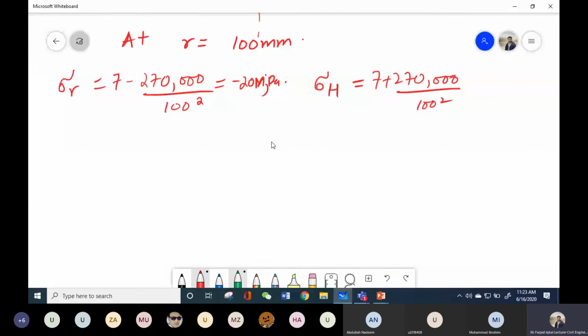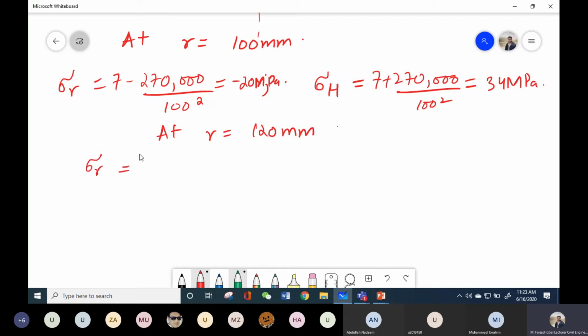So now what is the value of hoop stress? So 34 megapascal.